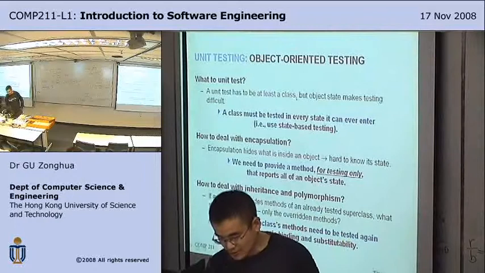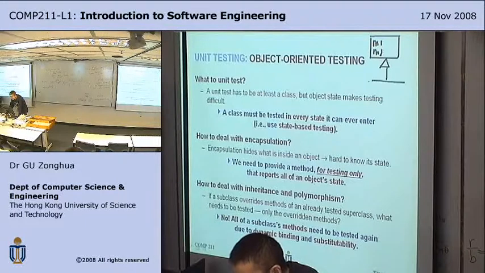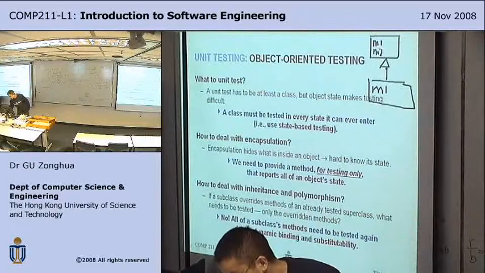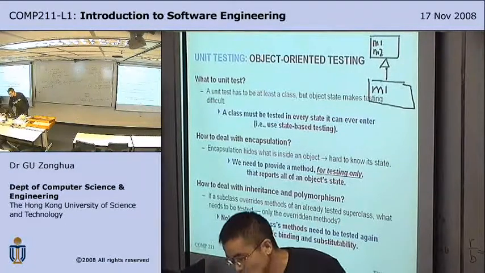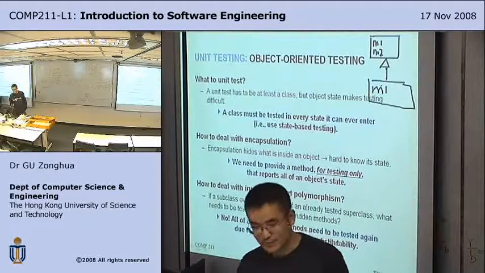Let's have an example where you have an object with two methods, M1 and M2, and a subclass which redefines M1. M2 is not redefined. When you redefine M1, if you only test M1, it may not be enough.